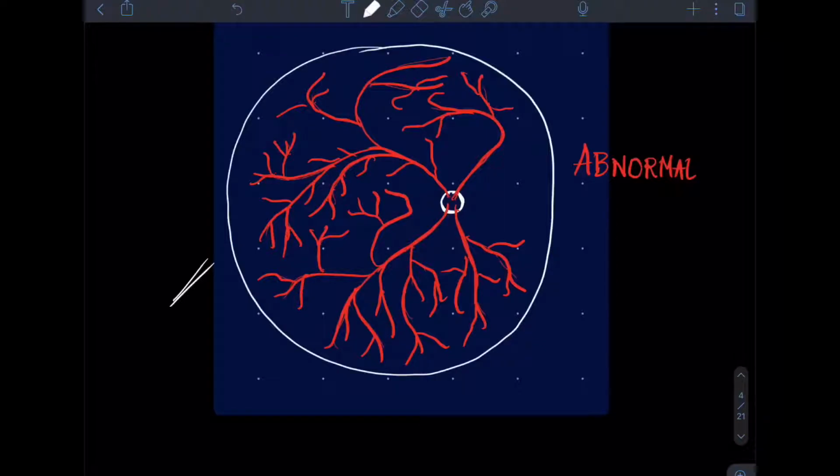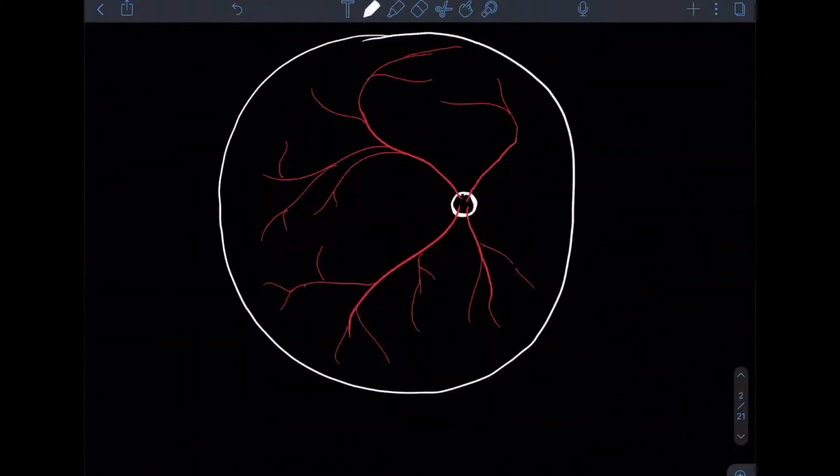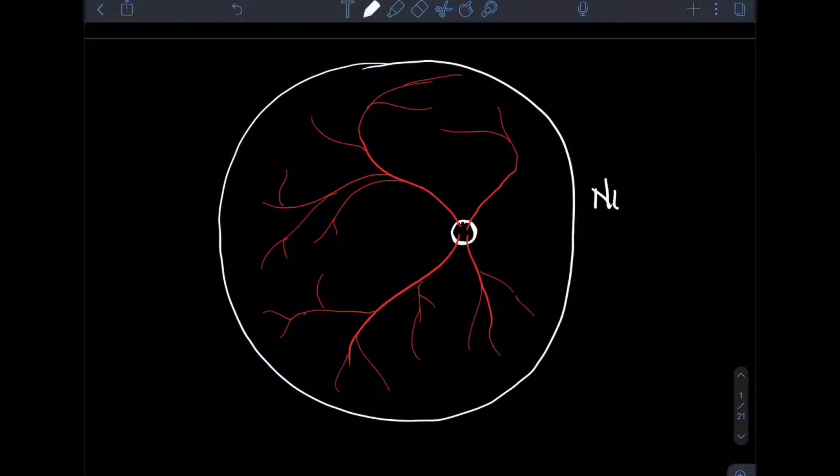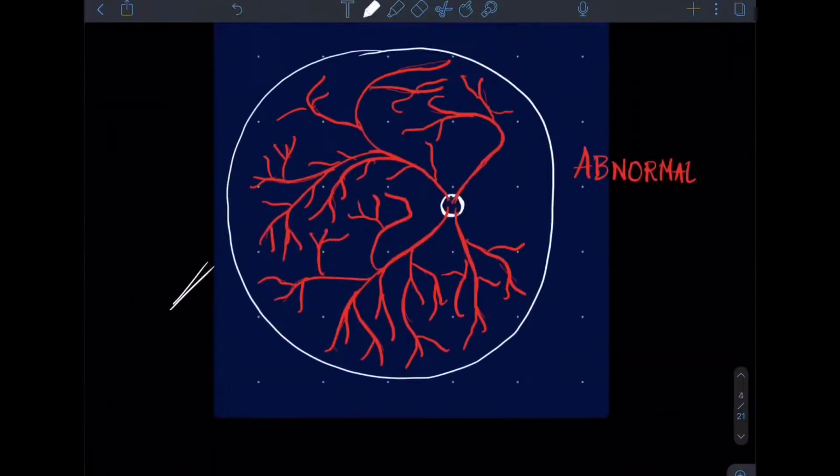It will look something like this. This is very bushy and thick, fibrous, and this is the normal one. You can compare the two, the normal and the abnormal.